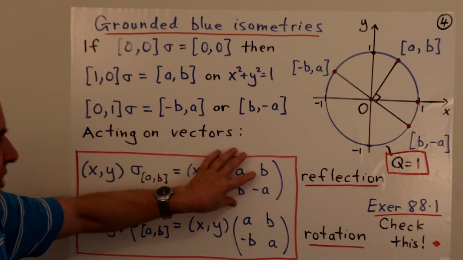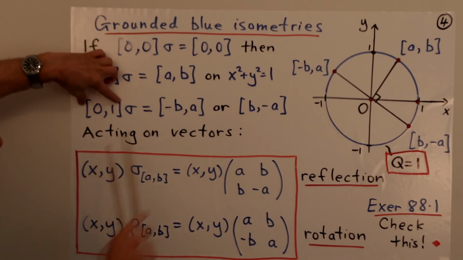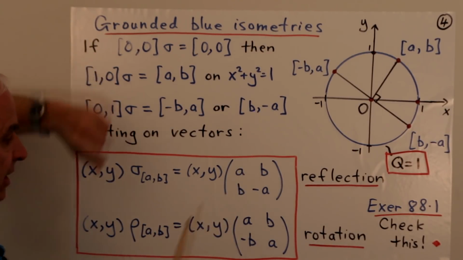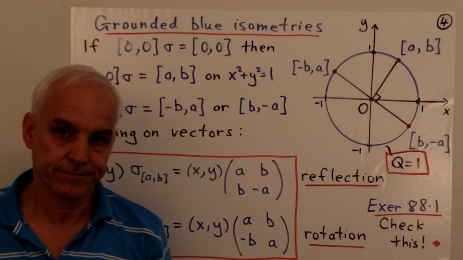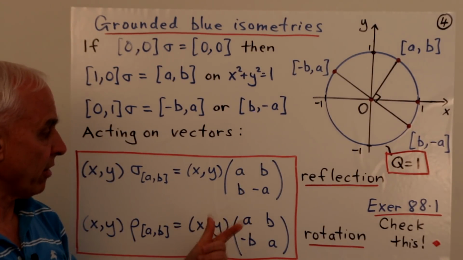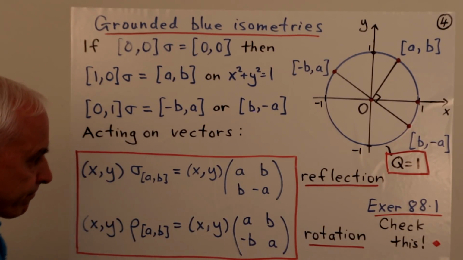So this situation corresponds to the case when (1, 0) gets sent to that and (0, 1) gets sent to that. And this one similarly is just the case where the second vector goes to (minus B, A) instead of (B, minus A). And those are the only two possibilities. Now it turns out that these geometrically are a reflection and a rotation respectively.